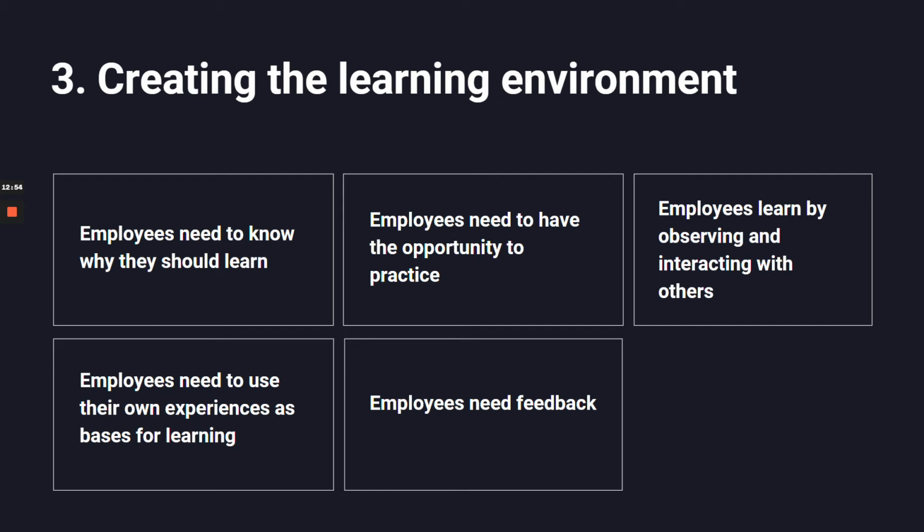Then employees learn by observing and interacting with others. So because employees learn by observing and interacting, community of practice refers to, this is actually Jean Lave's situated learning theory. So if you want to research the situated learning theory of Jean Lave, it says that community of practice means, according to the theory, that if you are a newbie, you will become an expert by integrating, collaborating, and engaging in the community of practice.